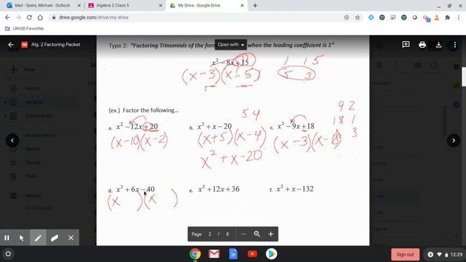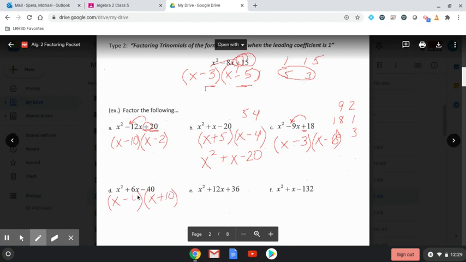Now remember, when the last sign here is negative, your signs in the parentheses are going to be different. It does matter where we put the correct number because now we've assigned the signs to it. So 10 and 4 could possibly give me 6, right? But it's a positive 6. So where's the 10 going to go? Well, it's got to go here.